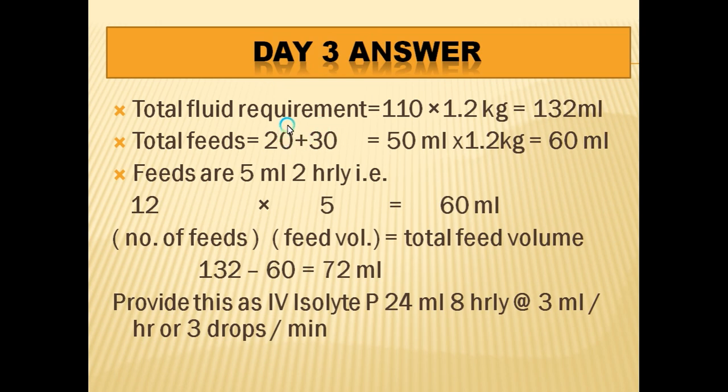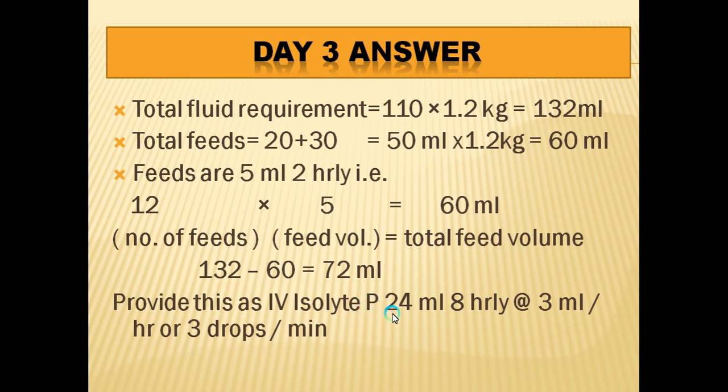So 20 ml the baby was already getting, and this is the increment part. So this is 50 ml into 1.2 kg, which is 60 ml. Again we are planning to give 2 hourly, so 12 times we are giving 5 ml, so that way it is 60 ml. The requirement is 132, minus 60 is 72 ml.